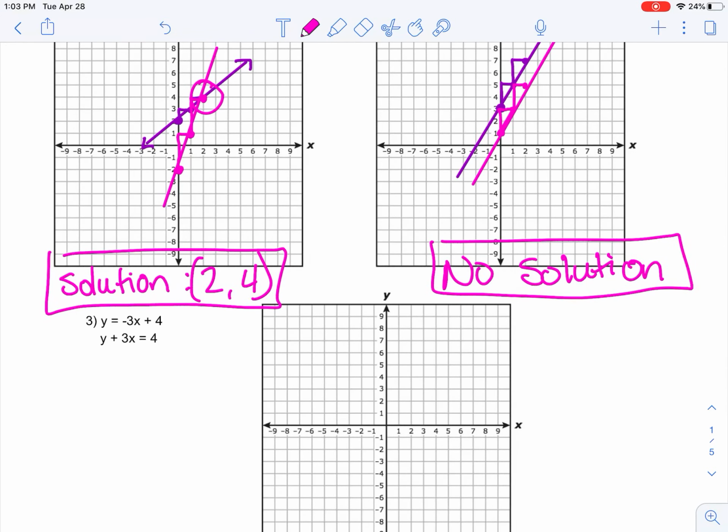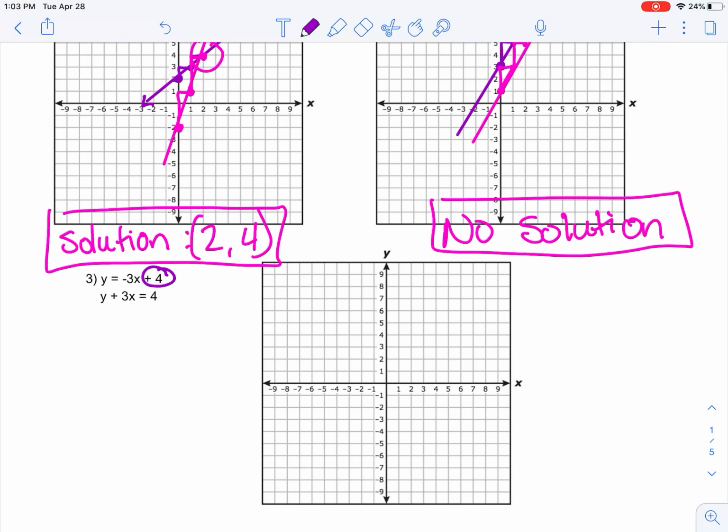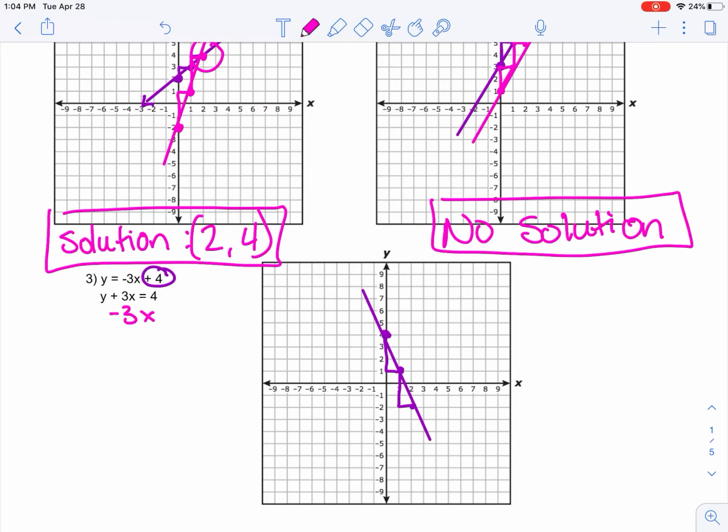Our third example, if you notice, our y-intercept is 4, and our slope is negative 3, so down 3 over 1 this time, down 3 over 1. Then in my second equation, it's not in y-intercept form, so I would switch that by subtracting the 3x from both sides, which would give us y equals 4 minus 3x. And then from here, we can identify our y-intercept is 4, and our slope is negative 3, so down 3 over 1.